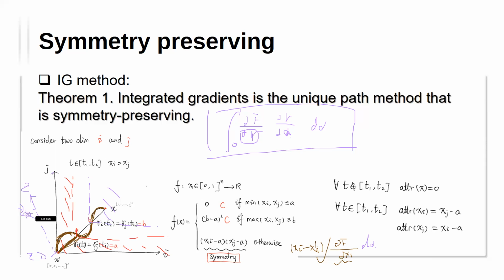The value from z0 to zk is the same, but they have different 3-dimensional paths to go from z0 to zk. Okay, I get it. So other path methods are not symmetry preserving. This is also a reason why they choose the straight line instead of other paths.